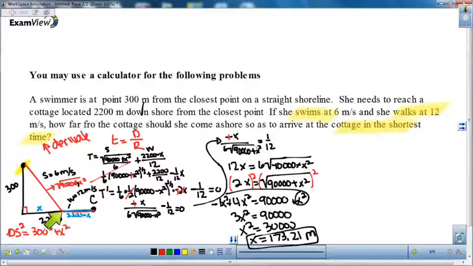So she should come ashore at 2,200 minus 173.21, and that's going to be 2,026.79 meters from the cottage.